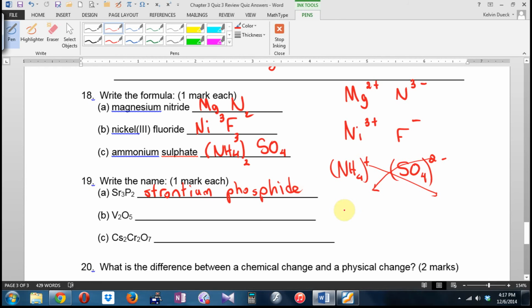Okay, let's see. Oxygen has a charge of 2 negative, and there's 5 of them. So I have a total of 10 negative charges. So I better have a total of 10 positive charges. Now, how many vanadiums are there? There's 2.